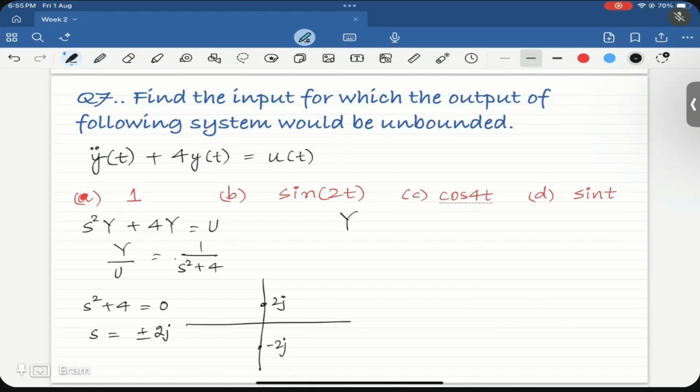If this denominator is squared, then the poles will be repeated. So there is the answer. We have to find such u whose Laplace transform looks like 1 by s square plus 4, or the numerator can be anything, but the denominator looks like this.